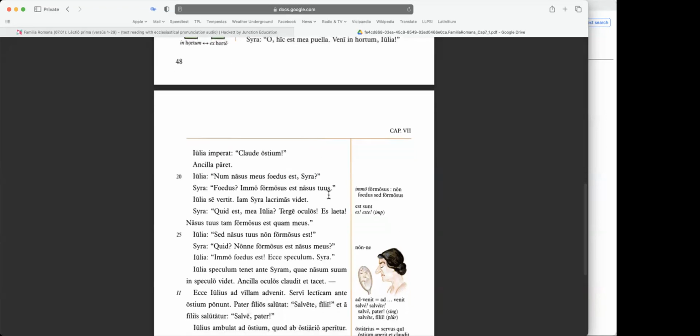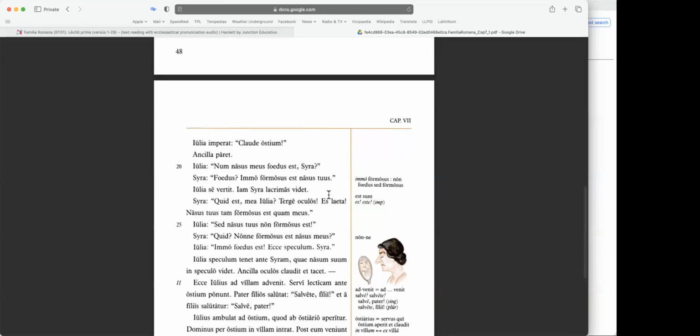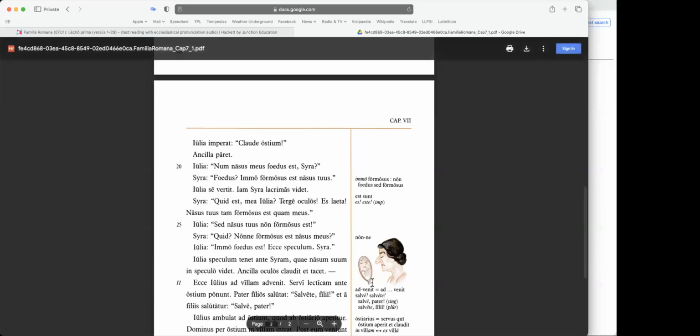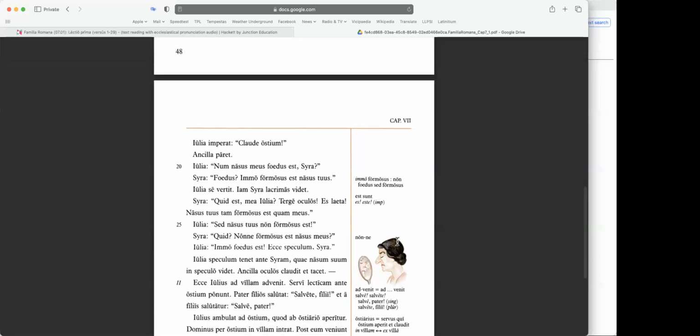Anyways, Michael, isn't line 24 the most ridiculous statement in this whole passage? Oh yes, nasus tuus tam. In a way, it's an insult. Well, the impression you get. I can imagine that's not much consolation. No, it wasn't.